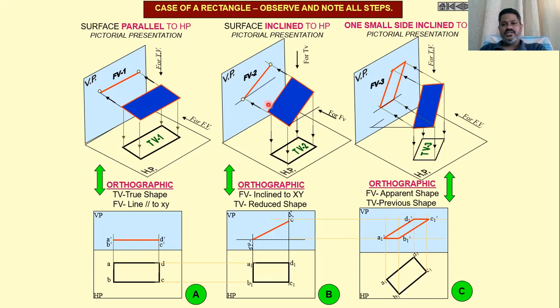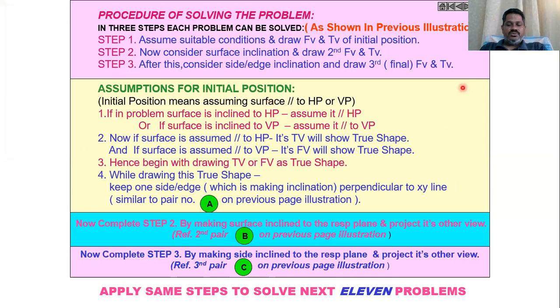Now let me move further to see the projections of the different shapes by considering these three examples, these three illustrations. Now, while solving a problem, we have to follow some approach. As per our previous discussion, we have to follow three steps.